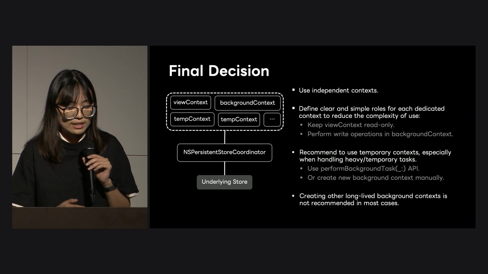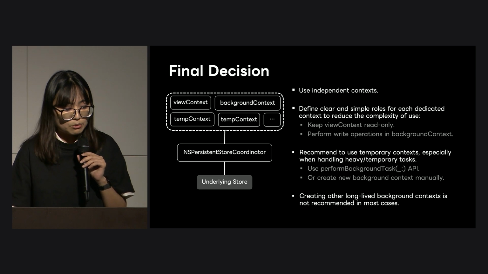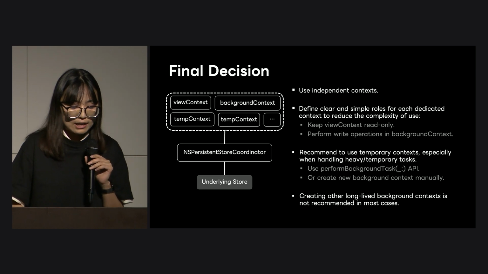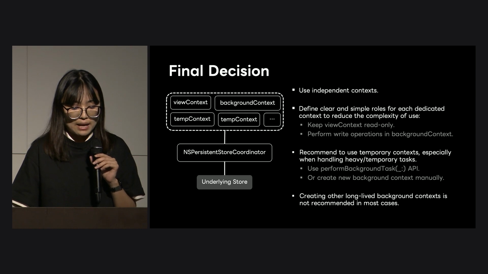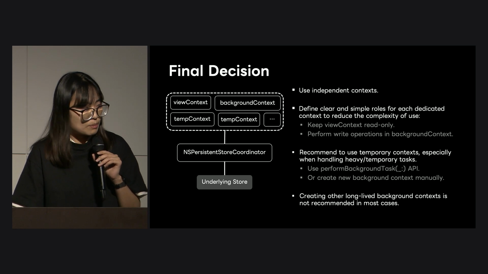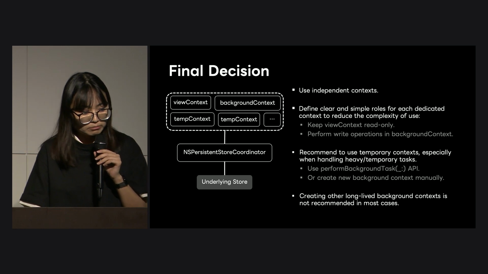And for heavy or temporary tasks, we recommend using temporary contexts. Finally, we generally don't recommend creating long-lived background contexts, as they can introduce unexpected complexity and are harder to manage in the long term.